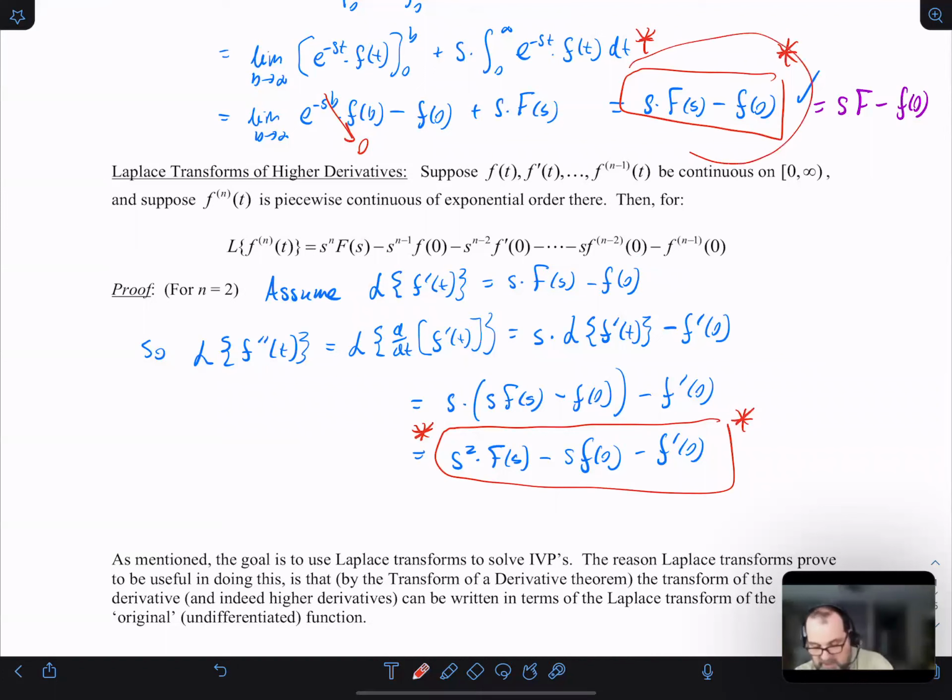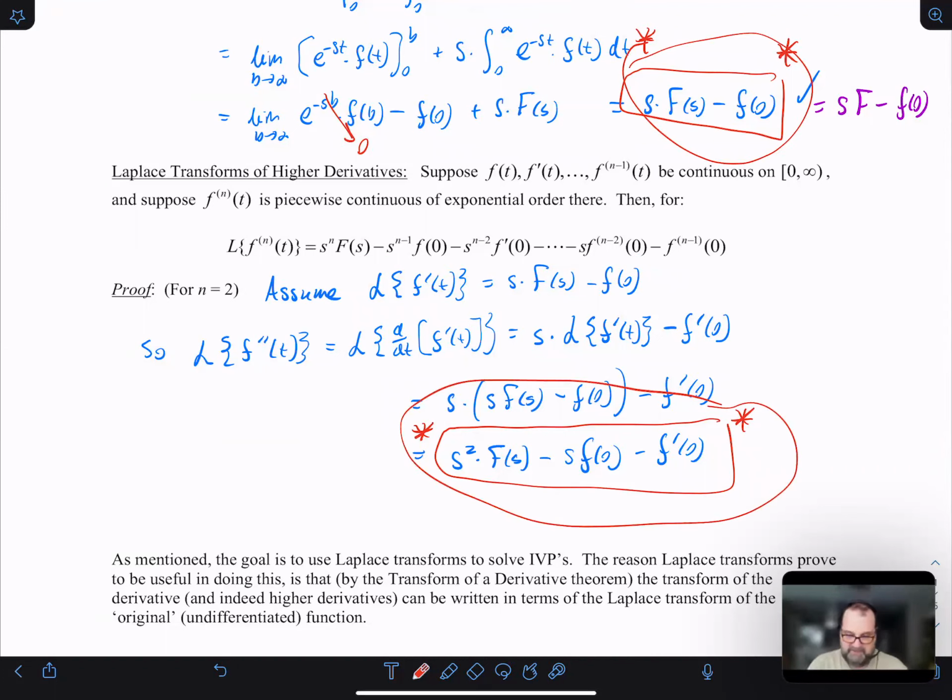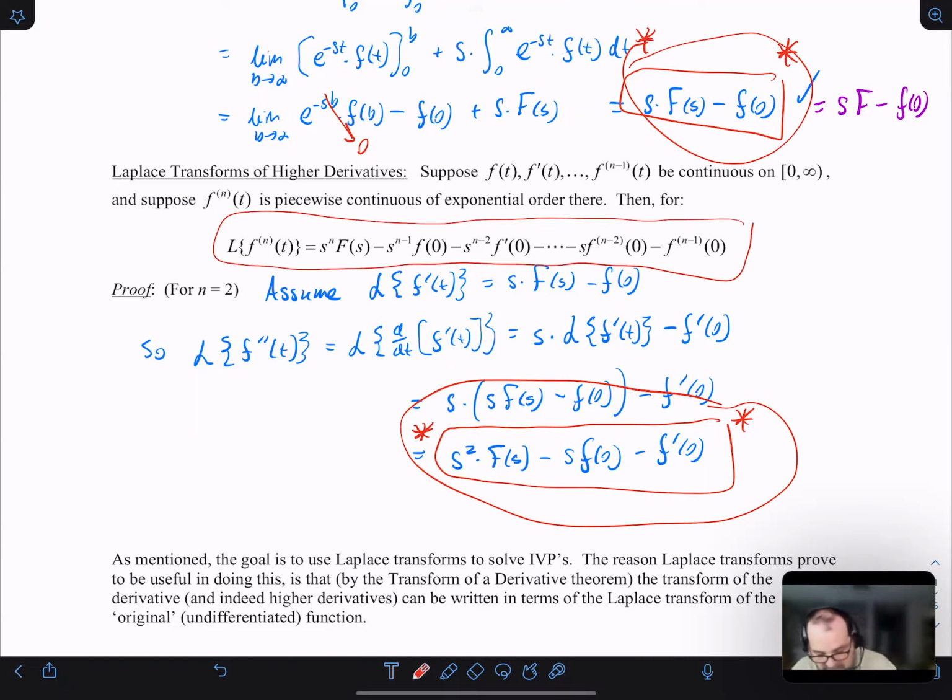So these two things are extremely important for the rest of our semester. Actually, we will see these two things as our way to work with Laplace transforms and differential equations. There is sort of a pattern here you can recognize when you try to remember this. Notice the power of s, for the case n equals 2, we start with an s squared, and then it goes down to an s, and then a 1.